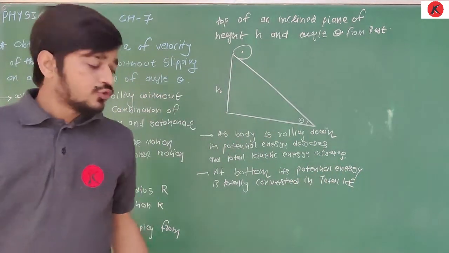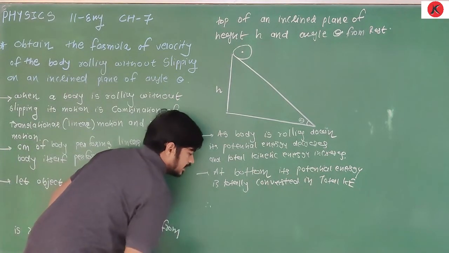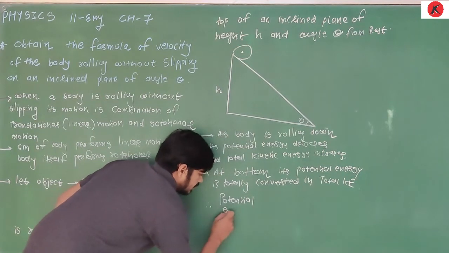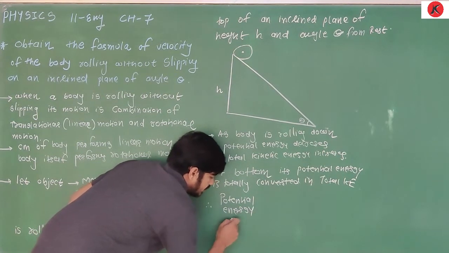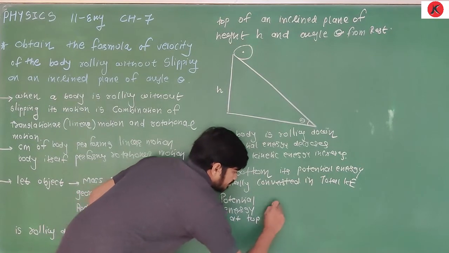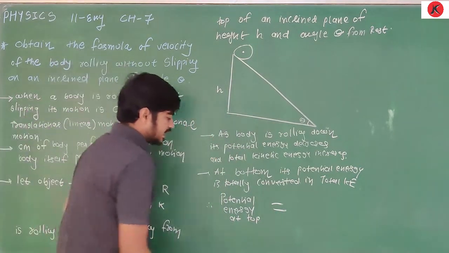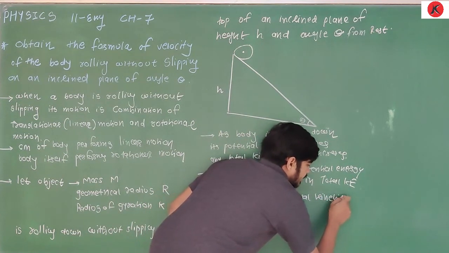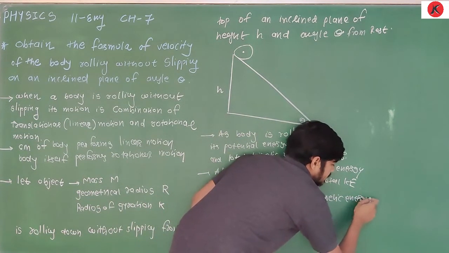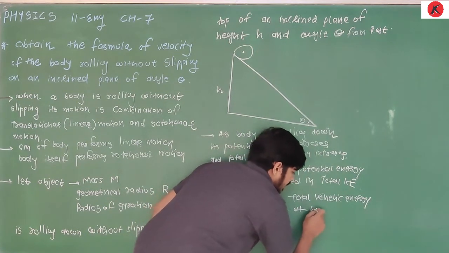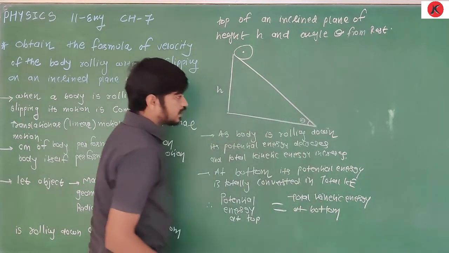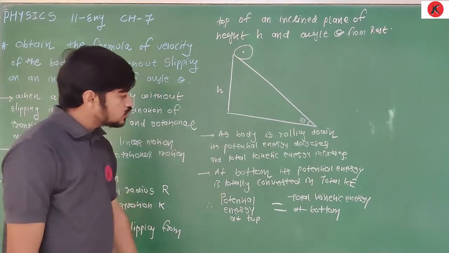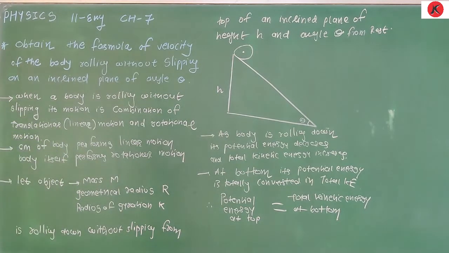Clear about this? So how to write the equation? Therefore, potential energy at the top is equal to total kinetic energy at the bottom.